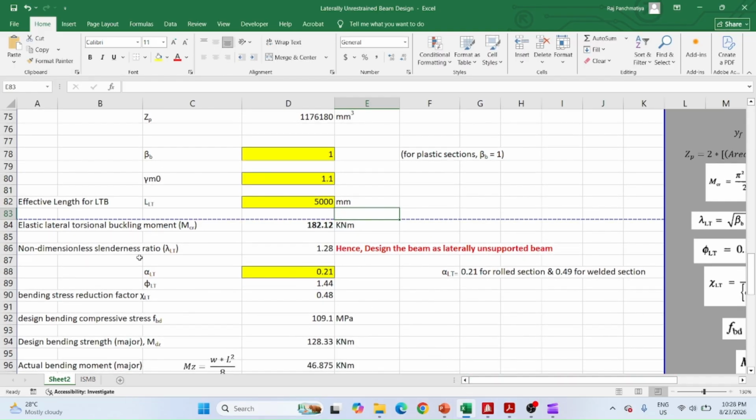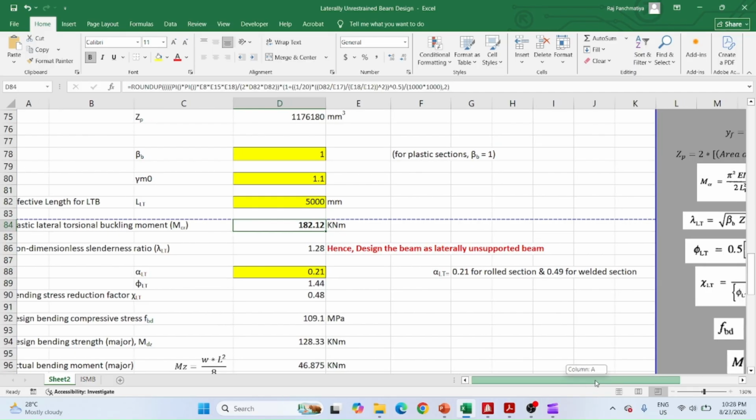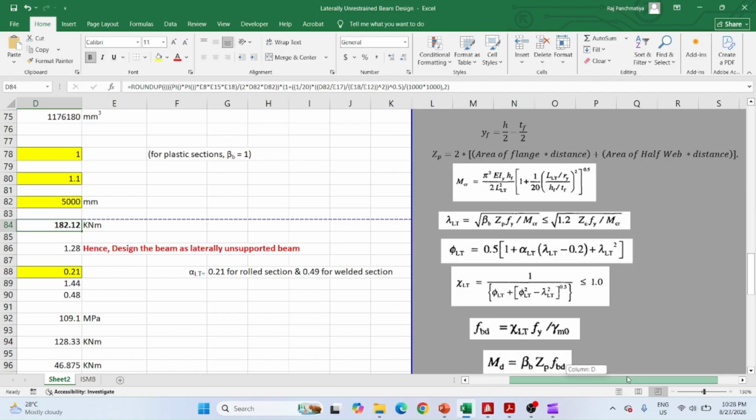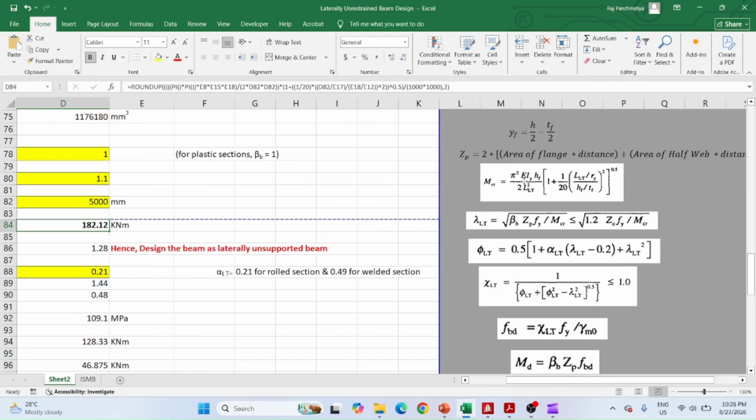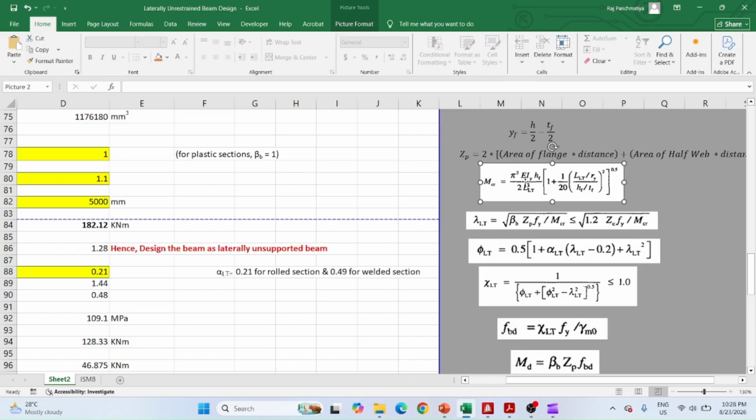Now we need to calculate the elastic lateral torsional buckling moment, that is MCR. If you scroll on the side, you will see the formula for MCR, that is pi square E Iy hf by 2 LLT square into 1 plus 1 by 20 times LLT by ry divided by hf by tf, whole square, to the power 0.5.